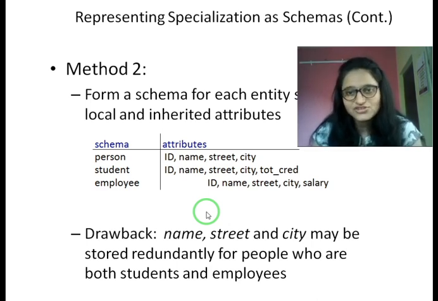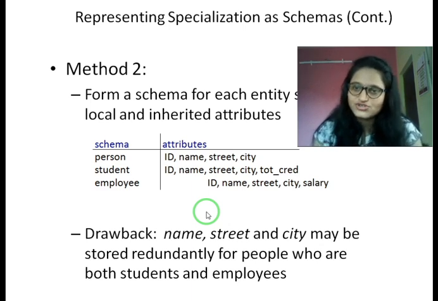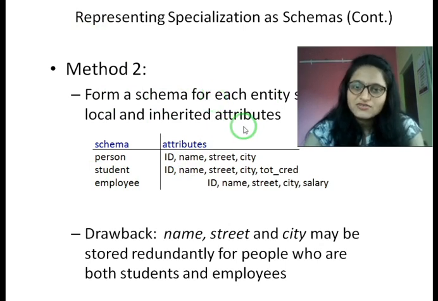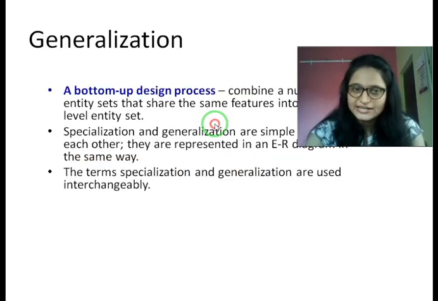For updation also there is a need to change the same data at multiple locations. So this is another drawback of this method, whenever we convert a specialization from an ER diagram.